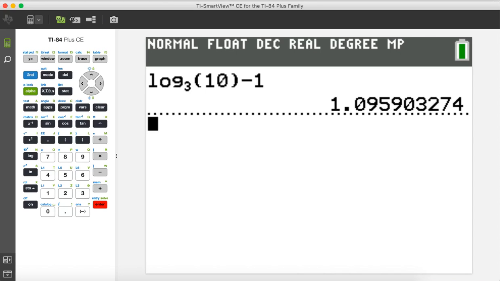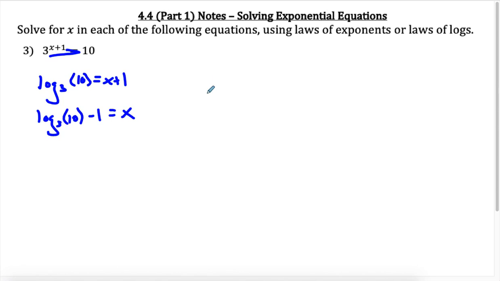Okay, generally we go to 3 decimal places. So 1.096 is my answer.